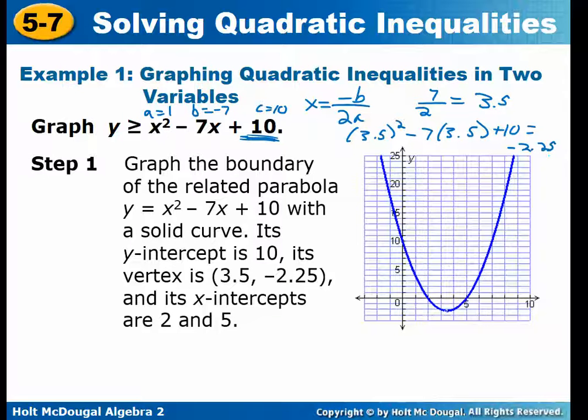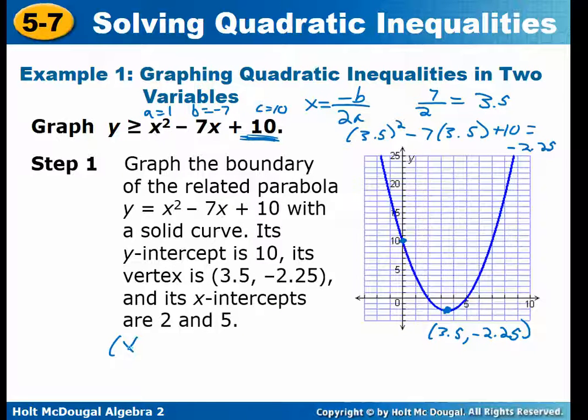So the vertex right here is at 3.5, negative 2.25. And then our y-intercept is at 10, because that's what c is equal to. And then, I wonder if this factors. This does factor.